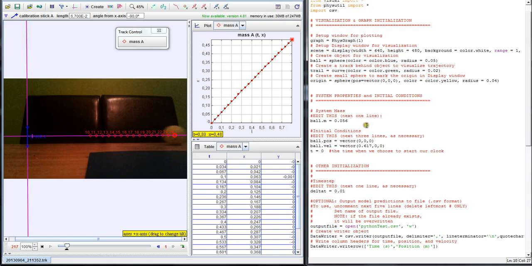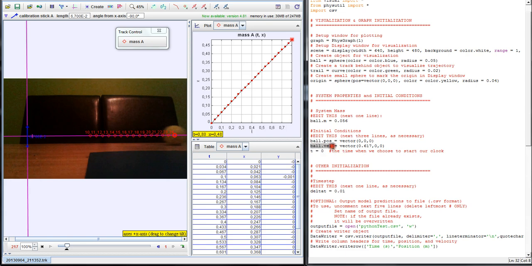In our program here, we have issued the mass of the ball, which is 0.056 kilograms. We have initialized the ball at vectorial position 0, 0, 0.